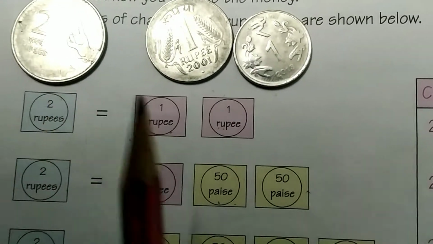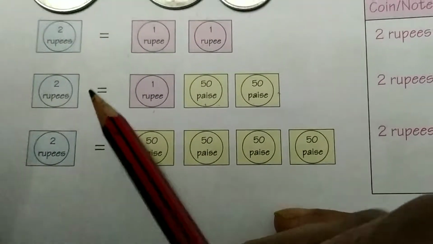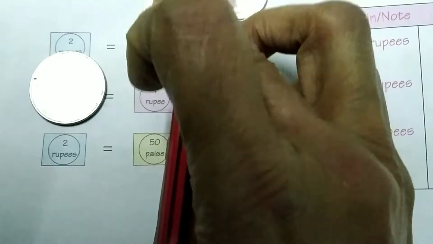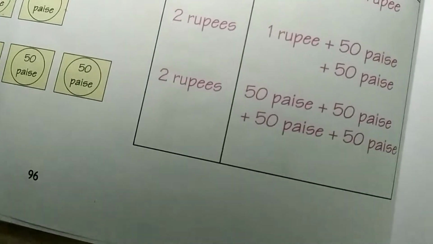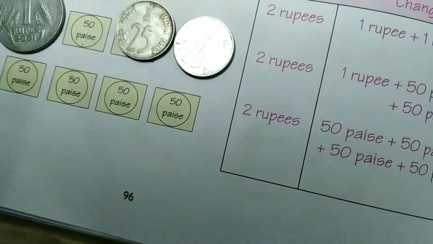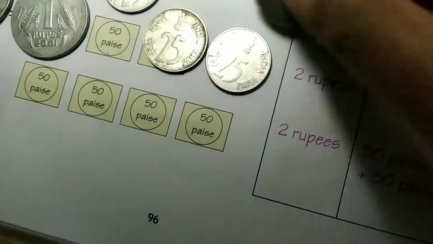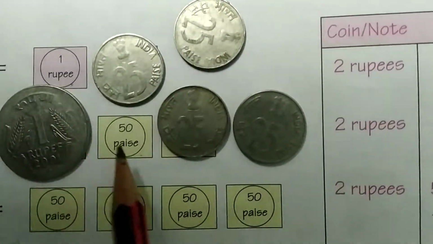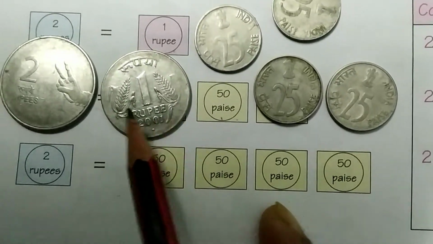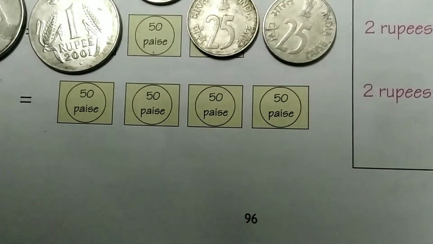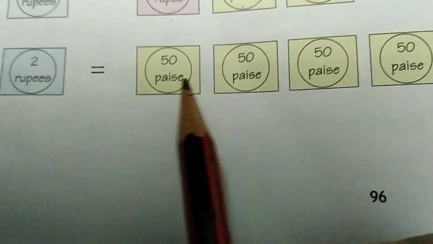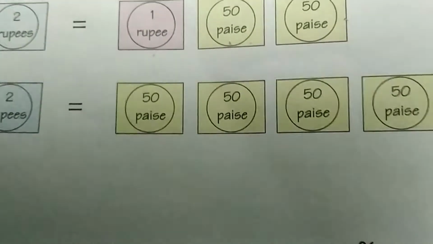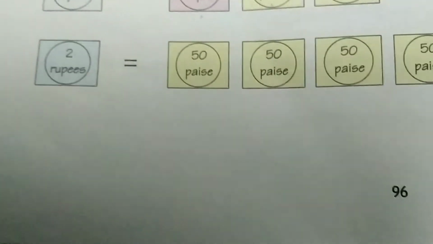Any doubt? No. If we take this 2 rupee and 1 rupee, and just wait students, and take these two 25 paisa coins and a 1 rupee coin, it is equal to 2 rupees.